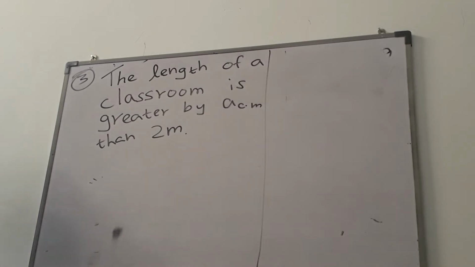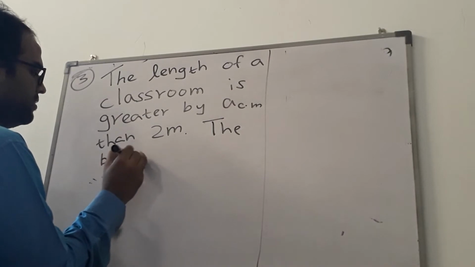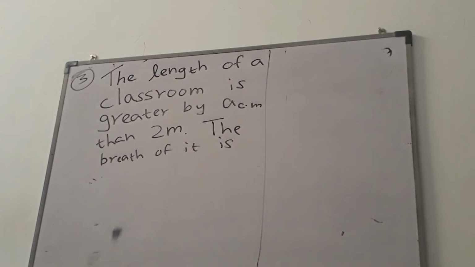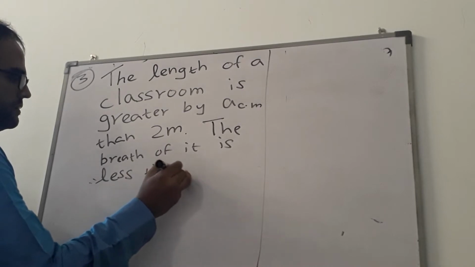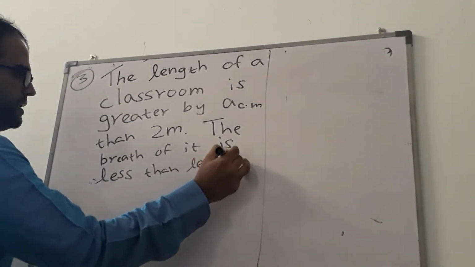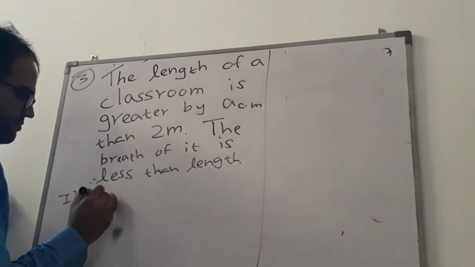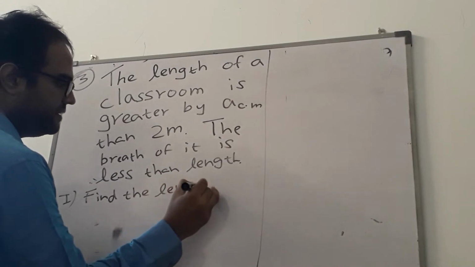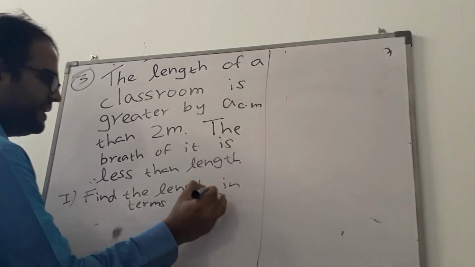The breadth of it is 50 centimeters less than the length. First part: find the length in terms of A.